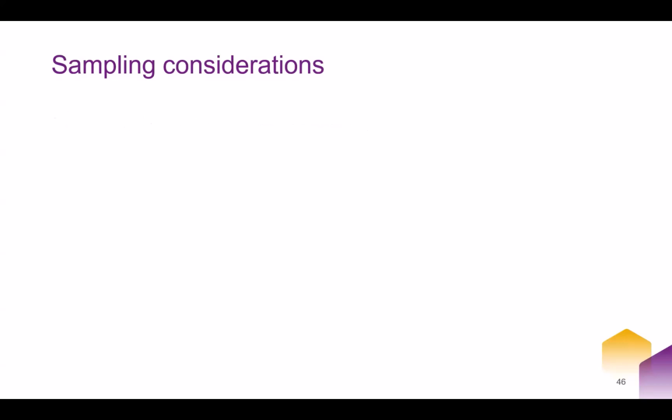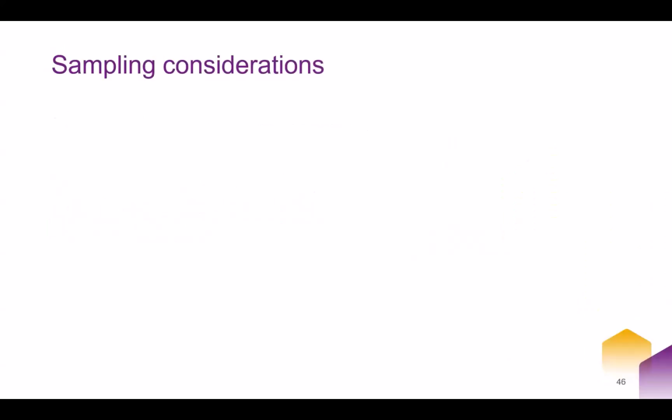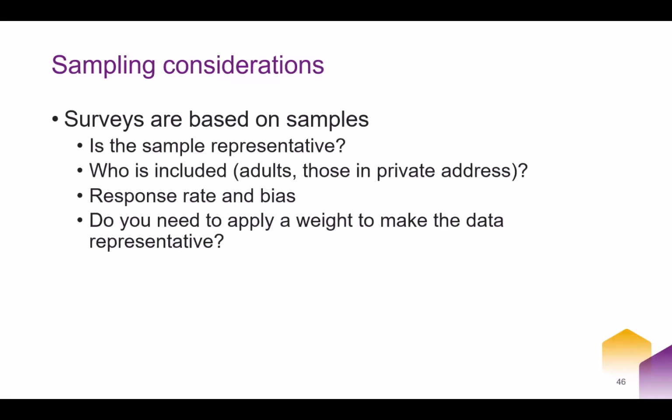So we're going to go through just a few different data considerations, specifically thinking about some of the sampling considerations. Surveys are going to be based on samples, so you need to think about whether that survey sample is representative, who might be included, who isn't included, what the response rate of that survey is, and whether there's any bias built into the sampling strategy.